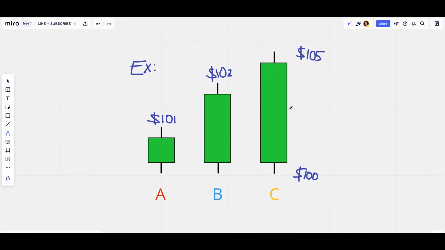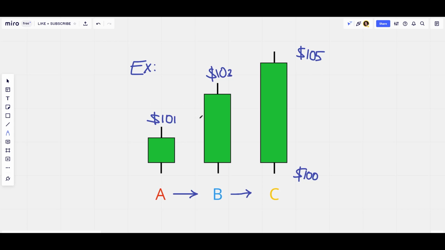What this shows is that there's much more buyer pressure behind candle C compared to candle B and candle A, because it takes a lot of money to move the markets. If you want to move the markets from $100 to $105, you need much more liquidity compared to moving the markets from $100 to $101.